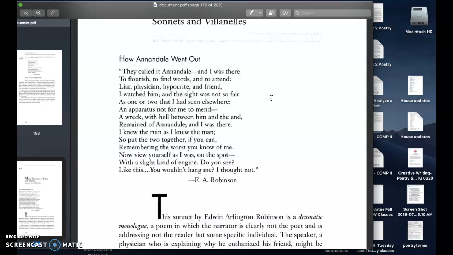An apparatus not for me to mend, a wreck with hell between him and the end, remained of Annandale, and I was there. I knew the ruin as I knew the man. So put the two together, if you can, remembering the worst you know of me. Now view yourself as I was, on the spot, with a slight kind of engine. Do you see? Like this. You wouldn't hang me? I thought not.